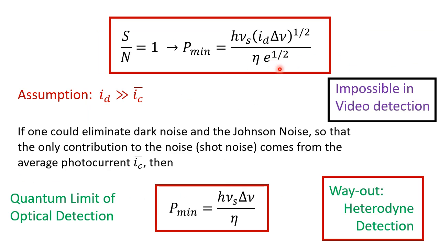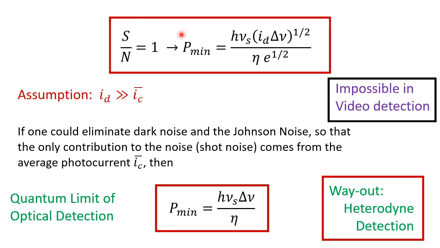So you will see that if I now set my signal to noise ratio to 1. Why? Because I am saying I want to look at my limit of detection, just like the exercise we have done earlier for other detectors. So I'm setting my signal to noise ratio to 1, and my statement is that if my input power is equal to the noise, that is my P minimum, that would be my limit of detection.